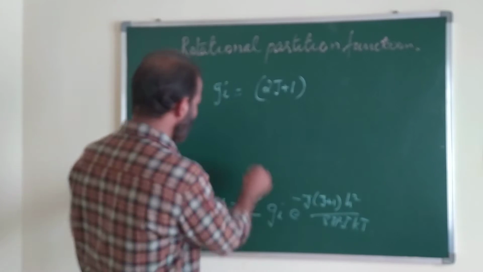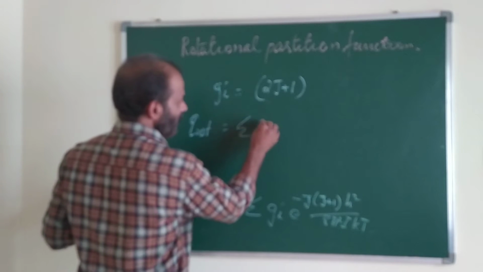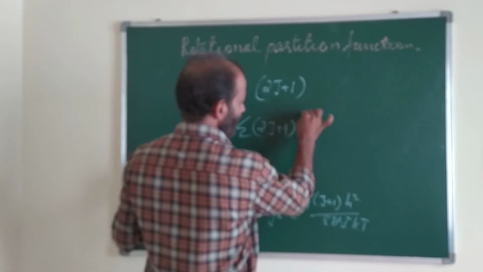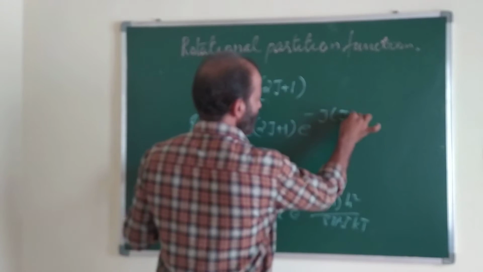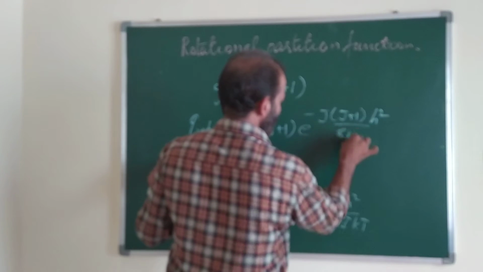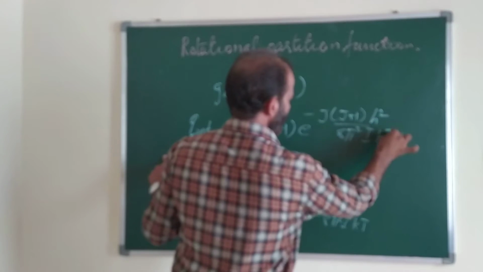We are substituting this value here, so we get q rotation equal to sigma 2J plus 1 into e raised to minus J into J plus 1 h square by 8 pi square I k T.